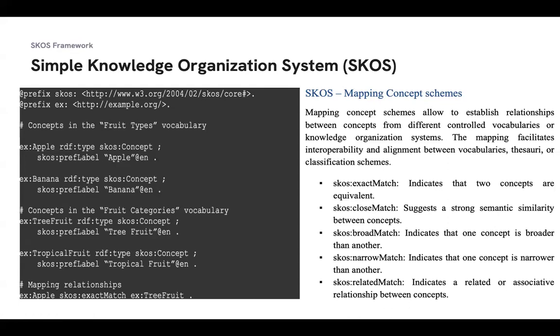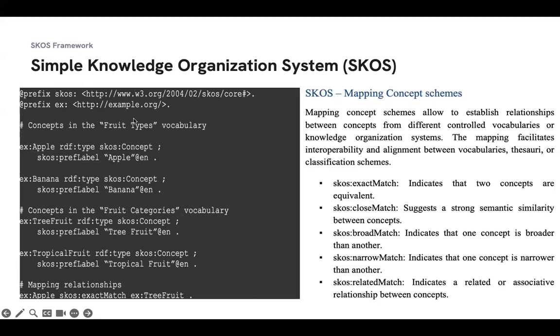This example is given to show where, for instance, we have a fruit type vocabulary, right? We also have another vocabulary, fruit category.